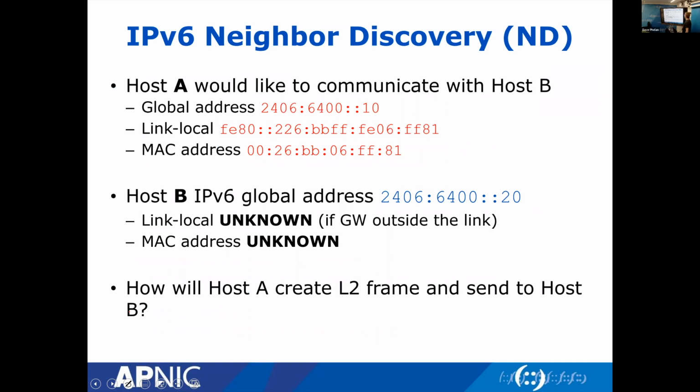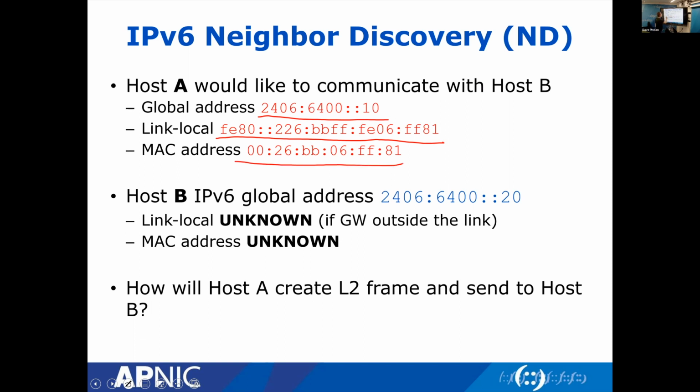So how does this work and how do we string it all together? So host A wants to talk to host B. We know that this is my address, 2406:6400::10. This is my link local address. And this is my layer 2, my MAC address.